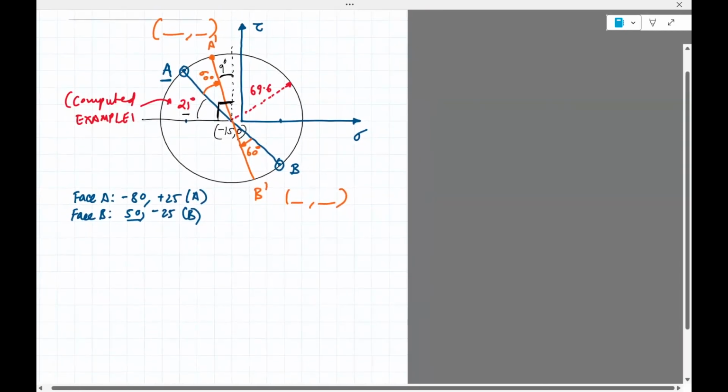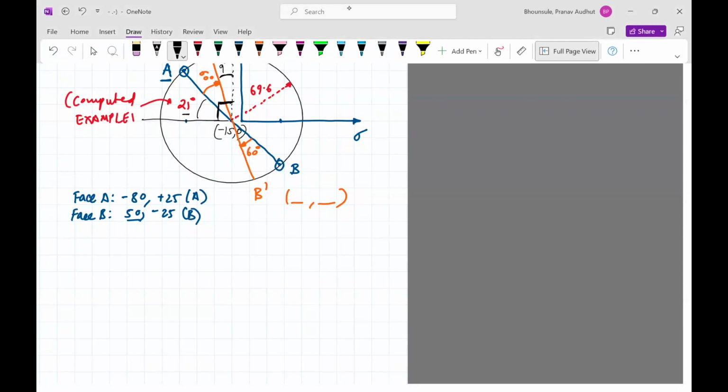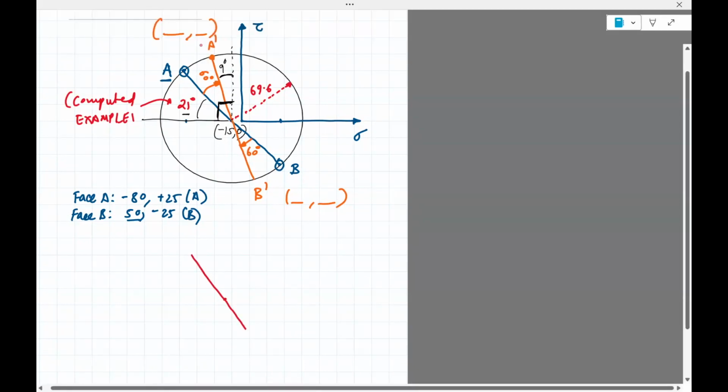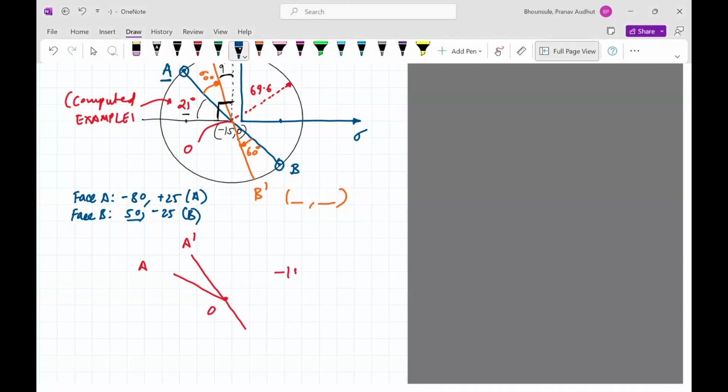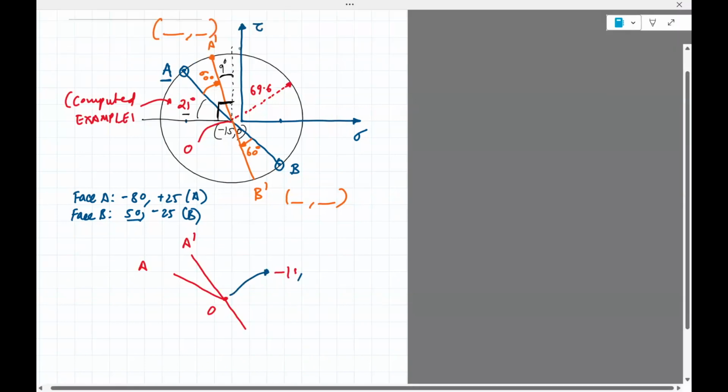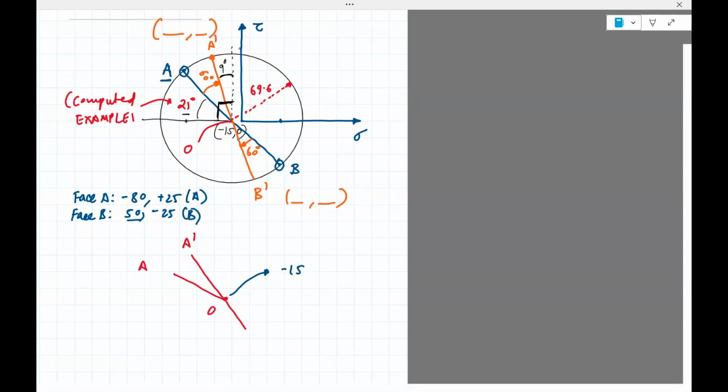I'm just going to redraw this part of the circle separately so I can do some trig. Let's call this the origin. This is A prime. This is A. This point is minus 15, 0.